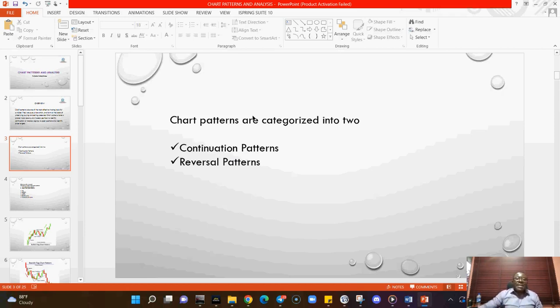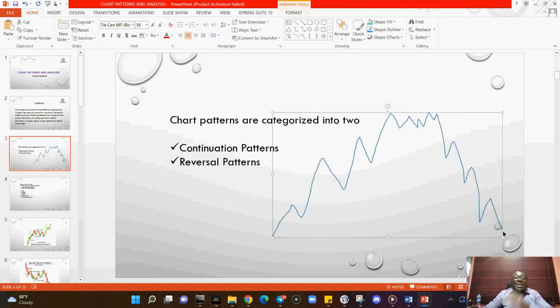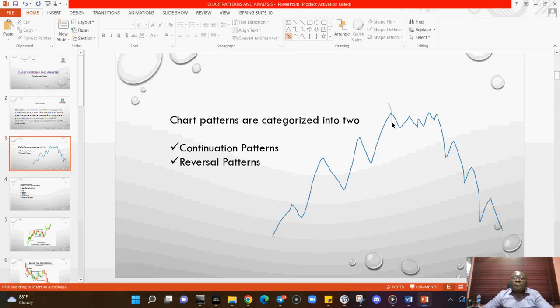So those reversal patterns, if the price is going up, this is the uptrend, it will get to this point and do something like this, and now it's coming down. So when there's a switch over between uptrend and downtrend, there is what we call reversal pattern, and this is where the reversal pattern is located. So these are uptrending markets that reverse into a downtrending market.